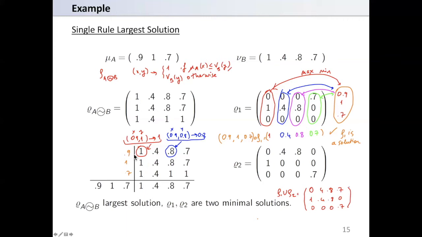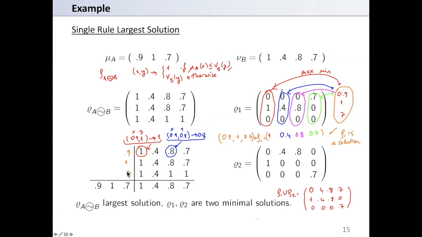Compare this to 0.4: this one is larger, so we choose that one, it is 0.4. Compare 0.9 and 0.8: this one is smaller, so we choose the second case, it is 0.8. Comparing this one, it is smaller, so this is chosen, it is 0.7. And this has value 1, as it is always greater or equal to this. So this line is copied here.